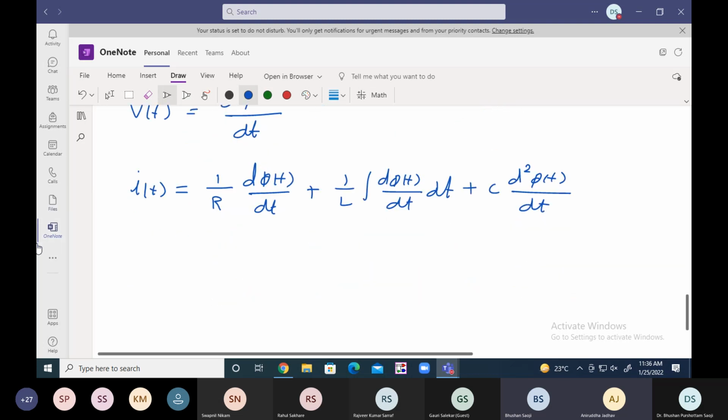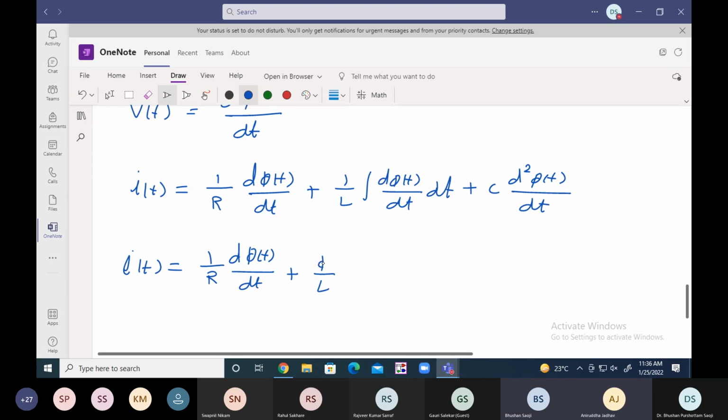So I of t is equal to 1 by r d phi t by dt plus 1 by L. Now see here, this is the integration of d phi t by dt into dt.